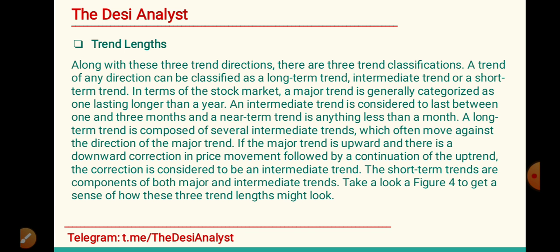An intermediate trend is considered to last between 1 and 3 months, and a near term trend is anything less than a month. A long term trend is composed of several intermediate trends which often move against the direction of the major trend. If the major trend is upward and there is a downward correction in price movement followed by a continuation of the trend, the correction is considered to be an intermediate trend. The short term trends are components of both major and intermediate trends.